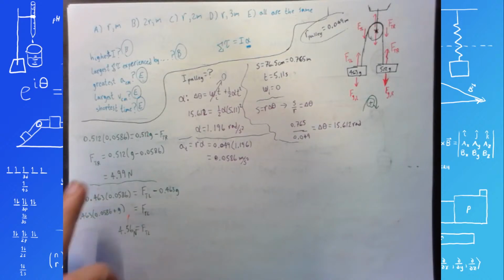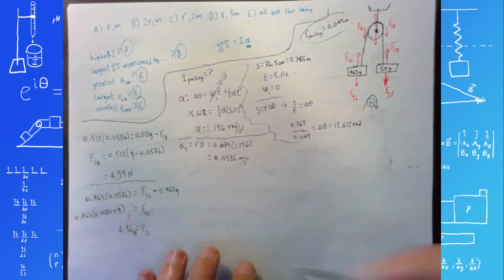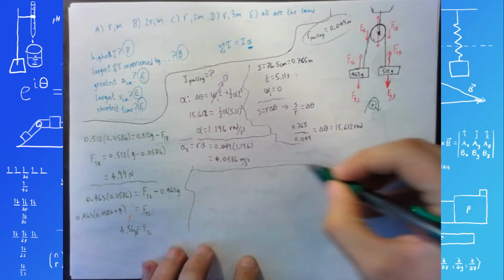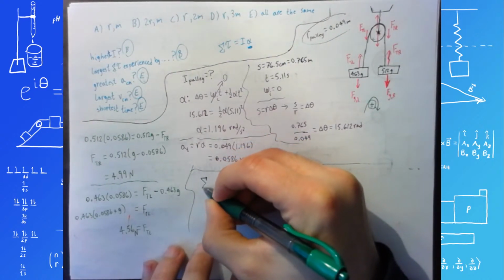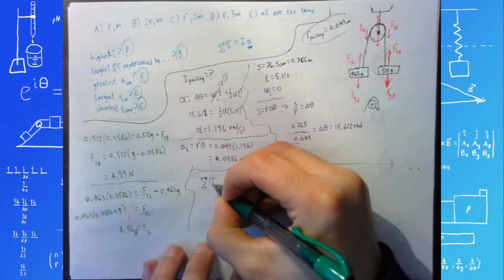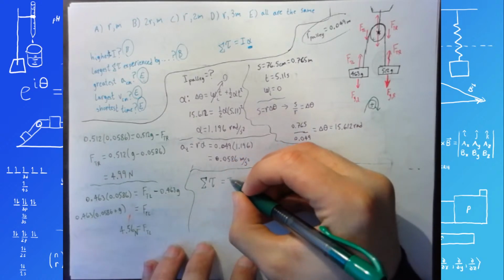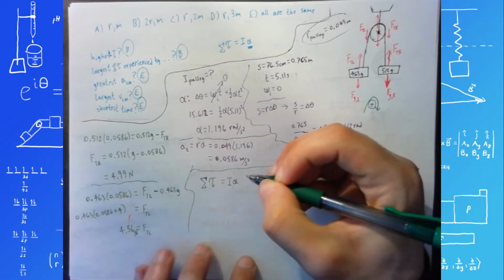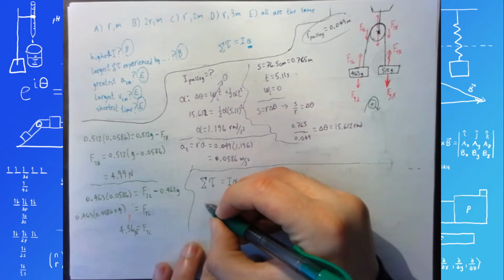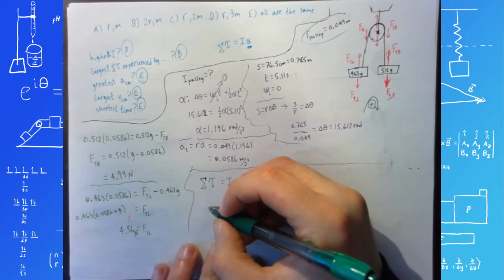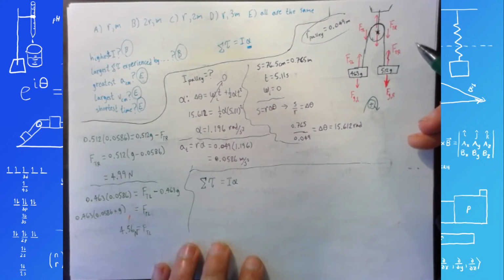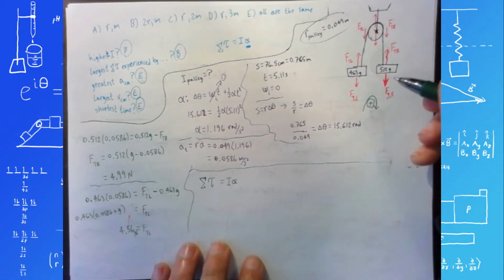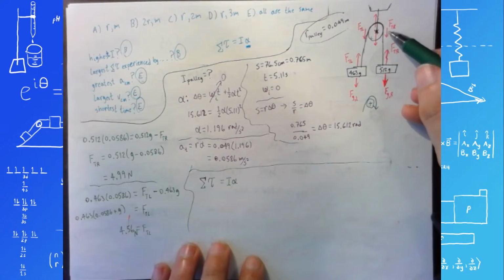So now we know the tension on both sides of the pulley. This is great. Now we can figure out the net torque on the pulley. So net torque on the pulley is going to equal its moment of inertia times its angular acceleration. So net torque is going to be torque due to tension right and torque due to tension left. I already decided that clockwise is the positive direction, so tension right is going to cause a positive clockwise torque.